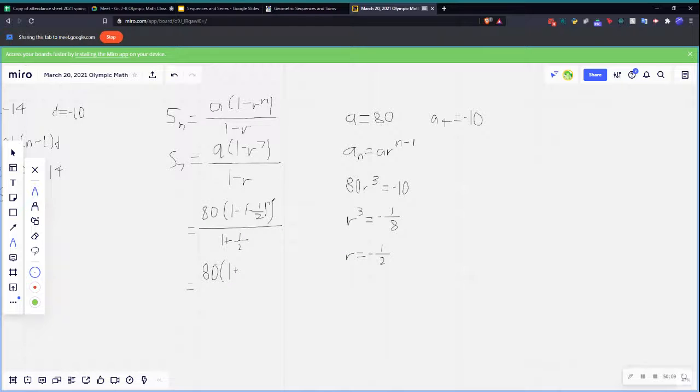Because the exponent is odd, when you take negative 1/2 to the exponent 7, it will also be negative. And then it will cancel out this negative to get a plus sign. So this should be 1 over 128. And whatever is at the bottom, we have 1 plus a half. That should give you 3 halves.